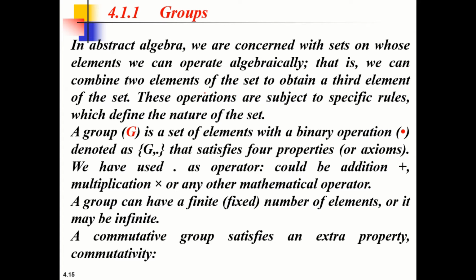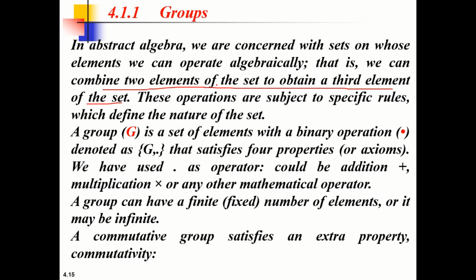We can combine two elements of the set to obtain a third element of the set. So we'll be operating on the set, performing operations on the given set elements.